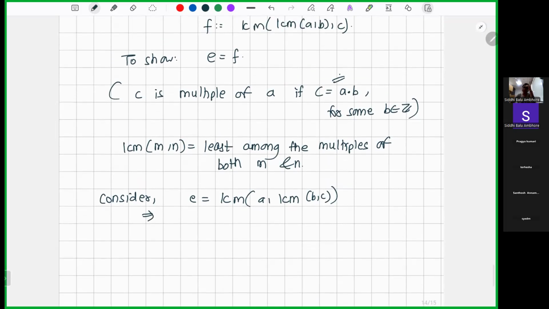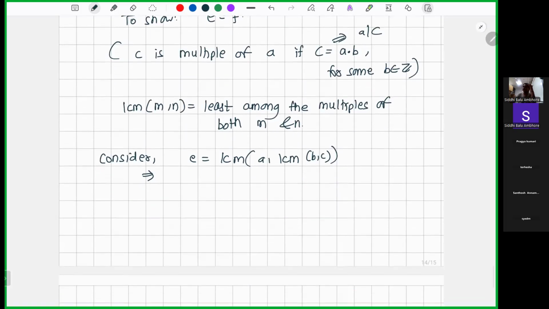Note that E is a multiple of a, so E is some a times d.